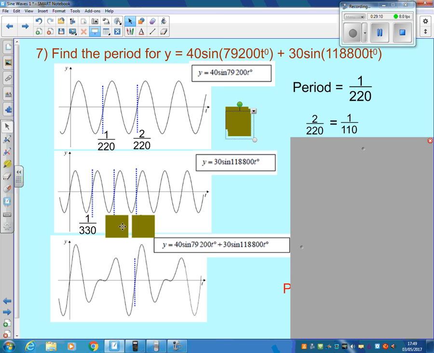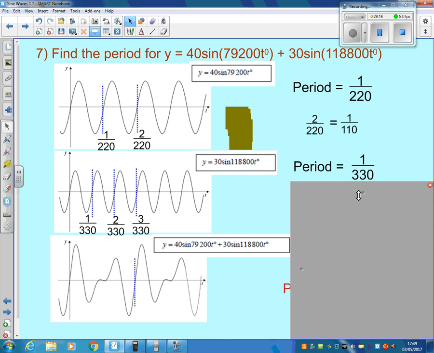Now let's do it with this one. It goes 1 over 330, then 2 over 330, then 3 over 330, and so on. So first one, 1 over 330. The next, 2 over 330.